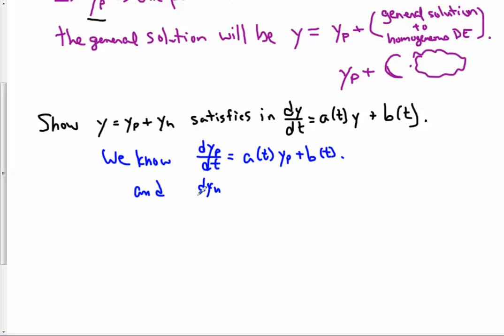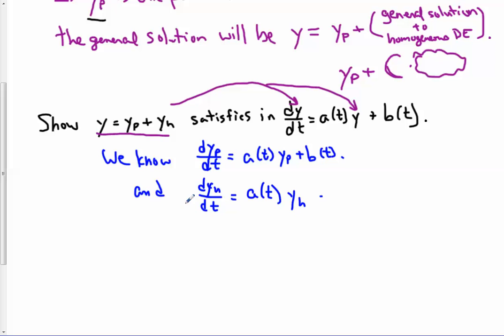So in other words, dyh dt is a of t yh, and that's it, without the b of t. So we have both of these to work with. All right, so if we plug this into here and here, get a left-hand side, get a right-hand side, we should see that they are equal.